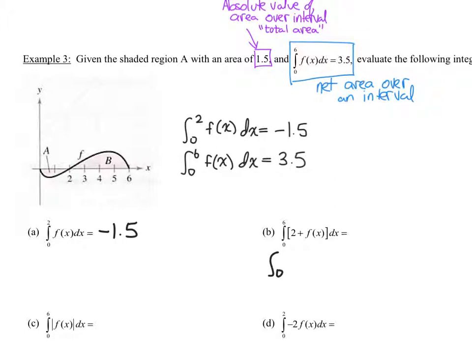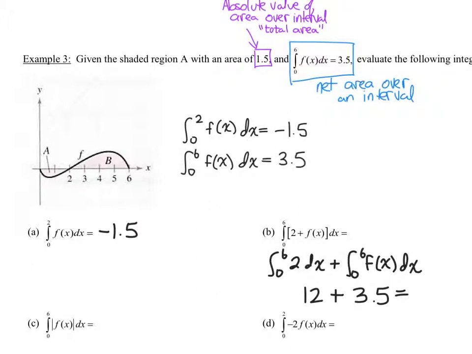So we could break up the sum using the sum rule. All right, what is the definite integral on the interval of 0 to 6 of 2? 12. 12. Very good. 12, and then the other one was given to us as 3.5, so we know that this is going to be 15.5.